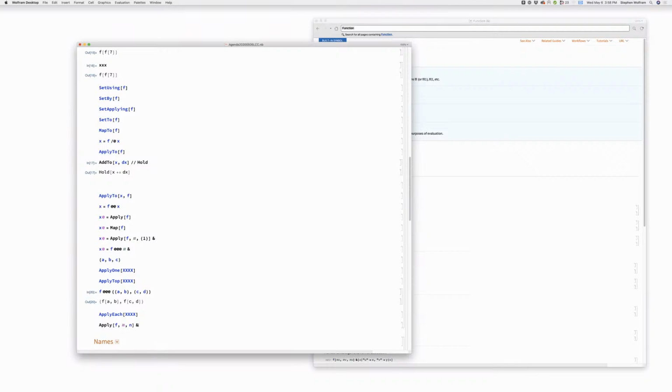Can't you do that with map at and just giving it a 0? Yes, you can. It's just rather ugly. Right. I mean, if apply each is really just for the operator form, then it could be apply each f comma level spec.